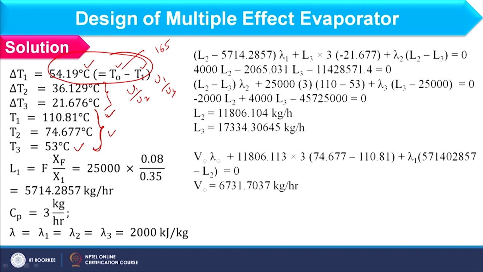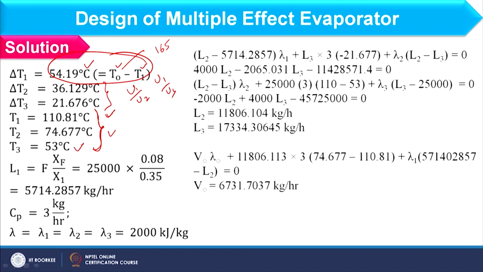When we consider the product flow rate, we assume that the vapor consists of 0 solute, right. So, whatever solute is available in the feed, the whole solute is available in the product now. So, we can make the component balance such as F XF should be equal to L1 and X1.